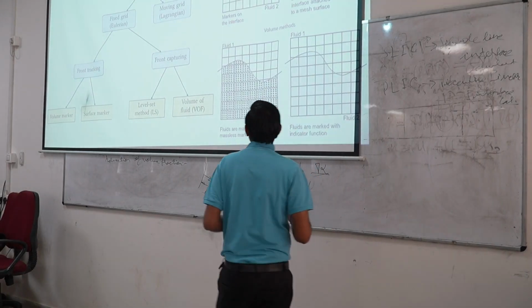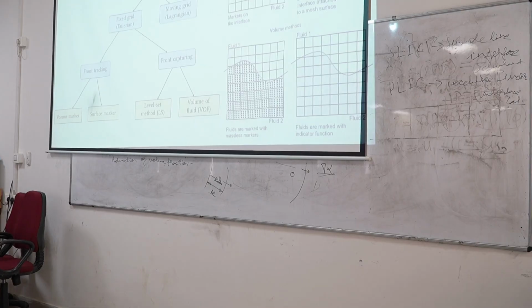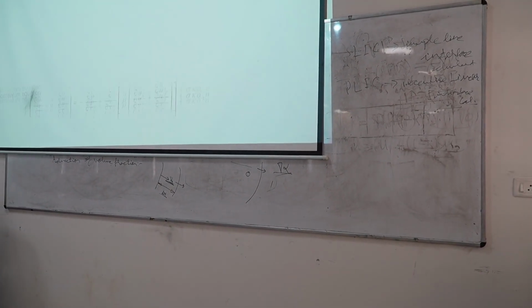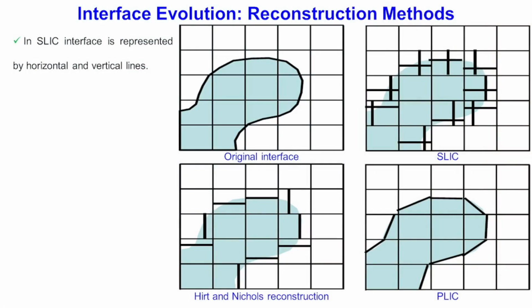So what is typically done in SLIC and PLIC? Here you can see in SLIC we are defining horizontal and vertical lines in a grid cell which is containing a partial value of the volume fraction.